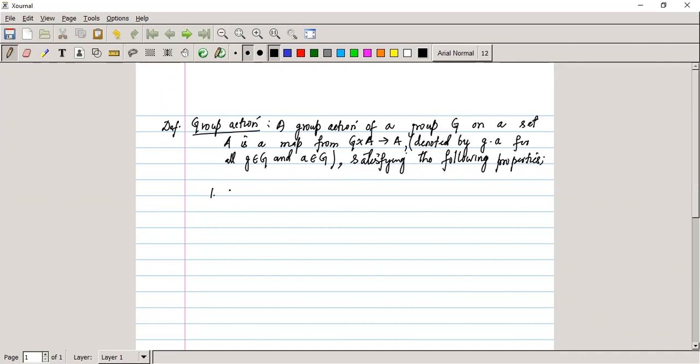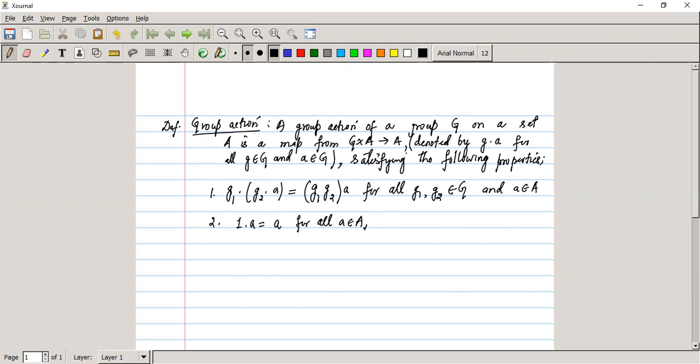The first property is G1 G2 dot A must be equal to G1 dot (G2 dot A) for all G1, G2 belonging to G and A belonging to A. It should also satisfy the second property: 1 dot A should always be equal to A for all A belonging to A, where 1 is the identity of G.